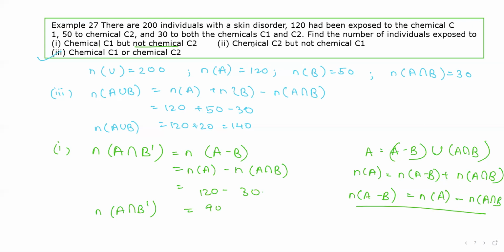Next. Second, individuals exposed to C2 but not C1. So N of B intersection A dash, or it can be written as N of B minus A. Similarly, B minus A can be written as N of B minus N of B intersection A. N of B is given to you as 50, and B intersection A is equal to A intersection B because it follows the commutative property.